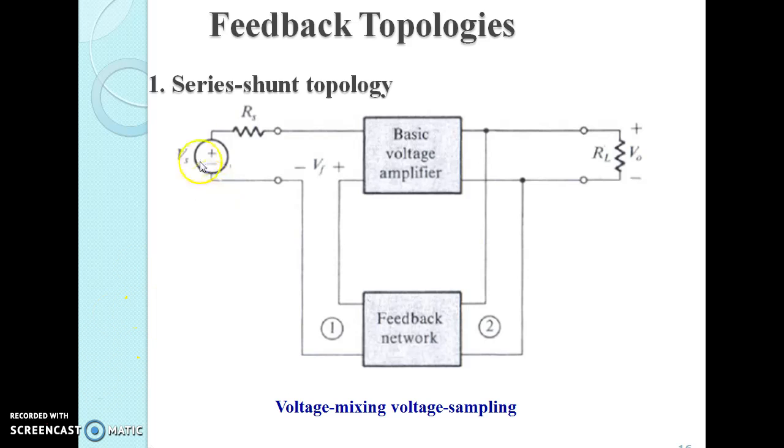So it is series mixing or voltage mixing. So this type of topology is called series shunt topology, wherein the sampler is in shunt and the mixer is in series. It is also called voltage amplifier with series feedback.